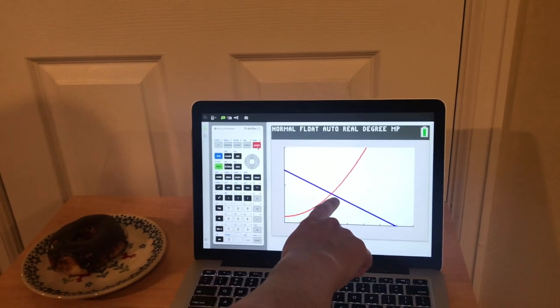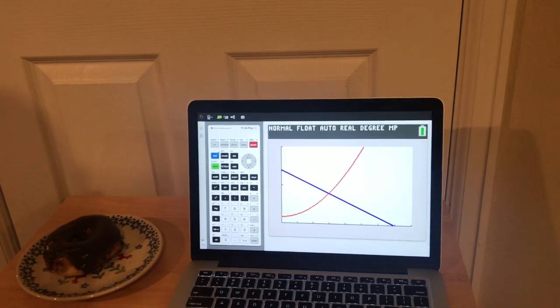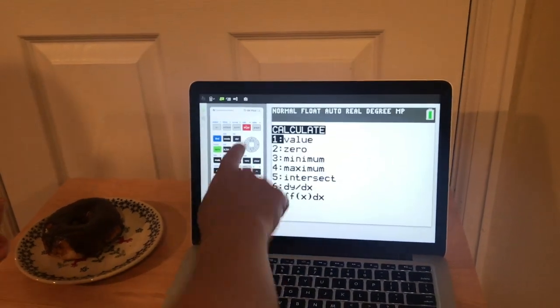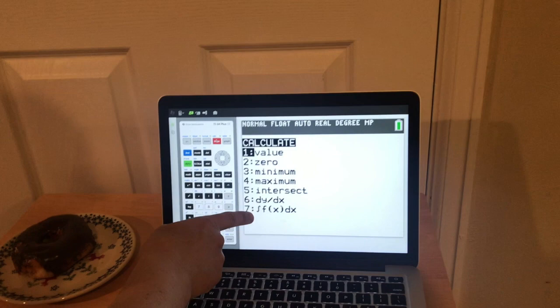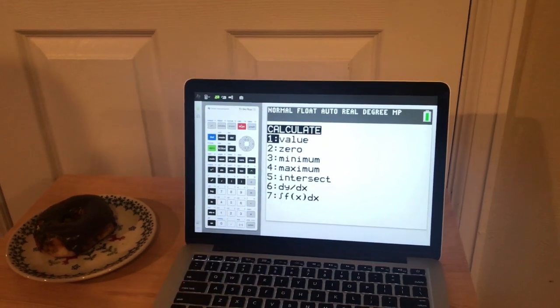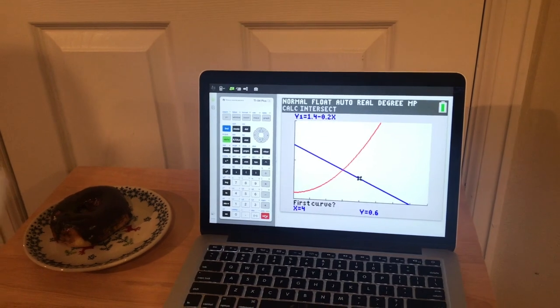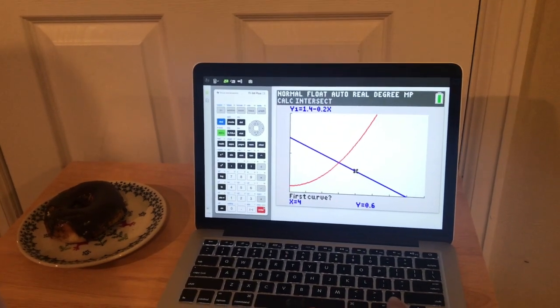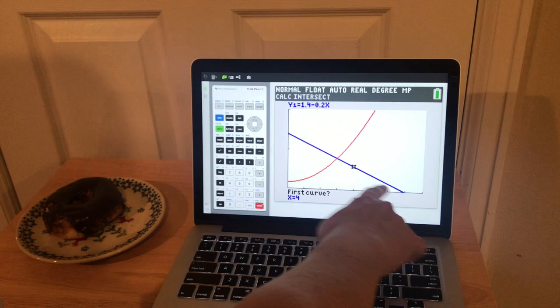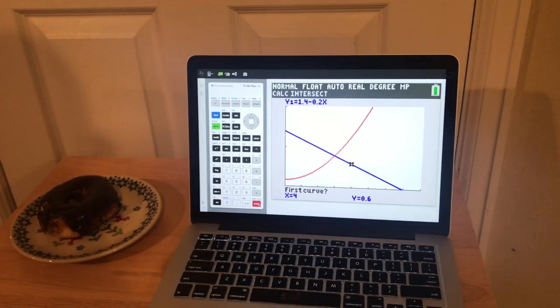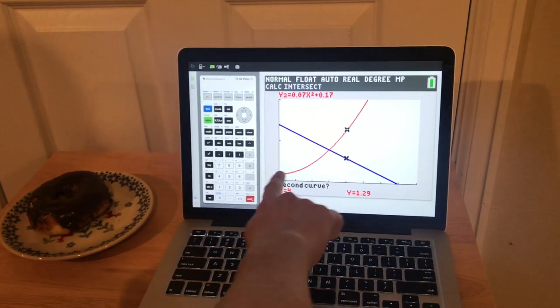So the way that I can find this graphically is I can hit second calc, and then on this list of choices, I want to look at number 5, which is intersect. And it asks me, which curves do I want to look at? Yep, the first curve is that straight line. I hit enter. Is this my second curve?